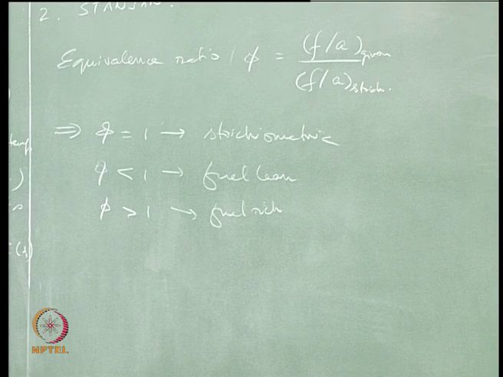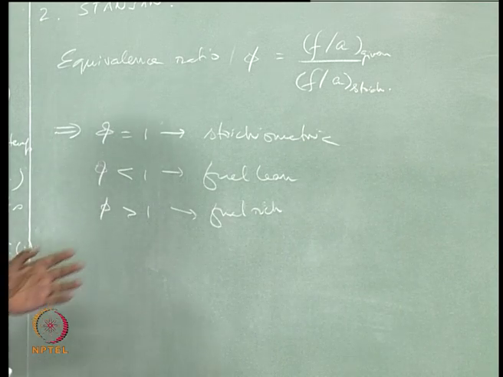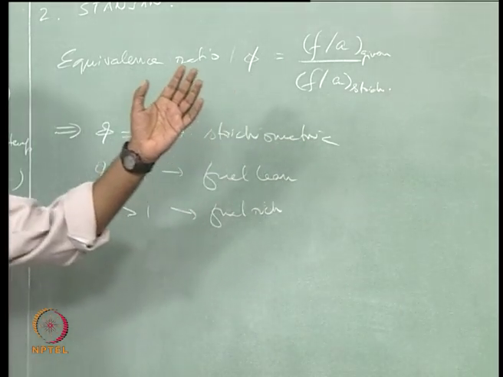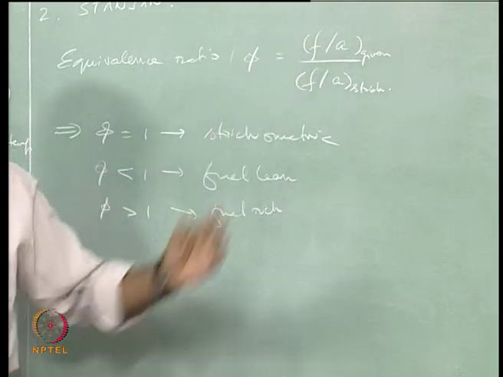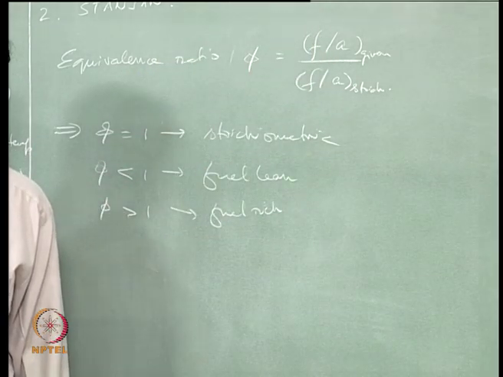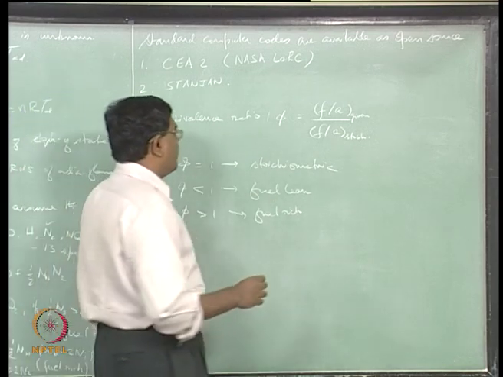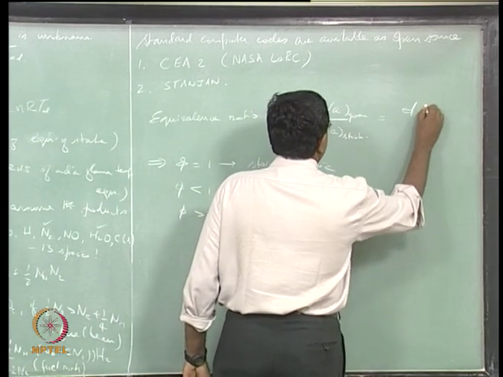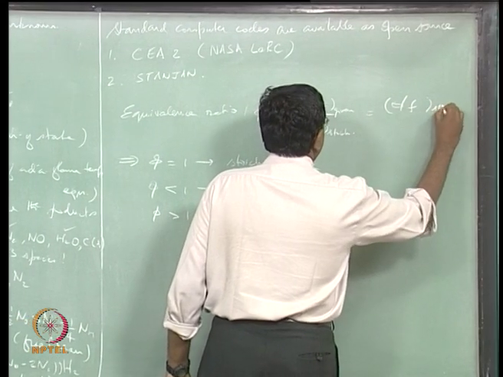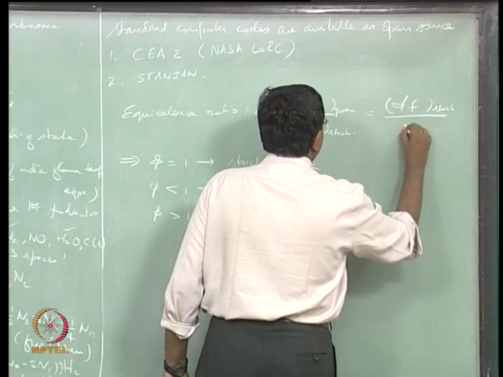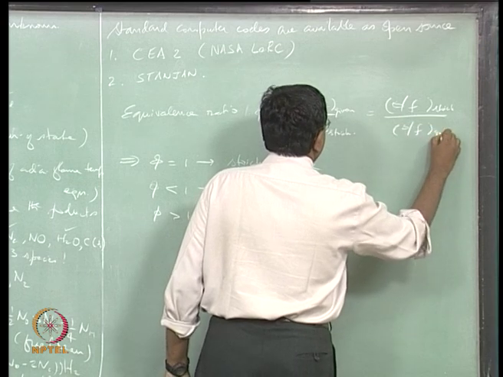The rocket people don't really talk about a fuel air ratio, they talk about an oxidizer fuel ratio. So when you talk about an oxidizer fuel ratio, you could write this as oxidizer fuel stoichiometric divided by oxidizer fuel given.